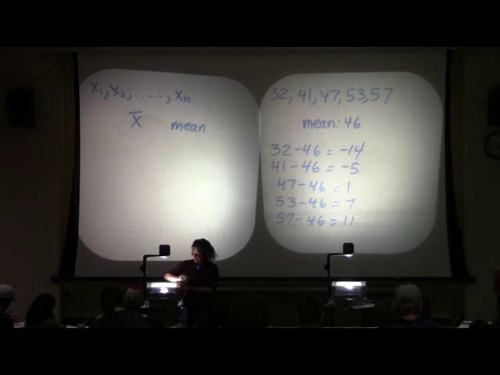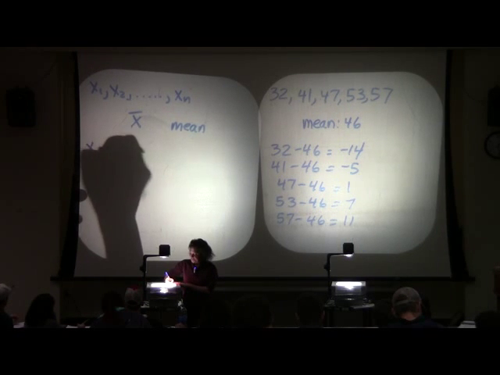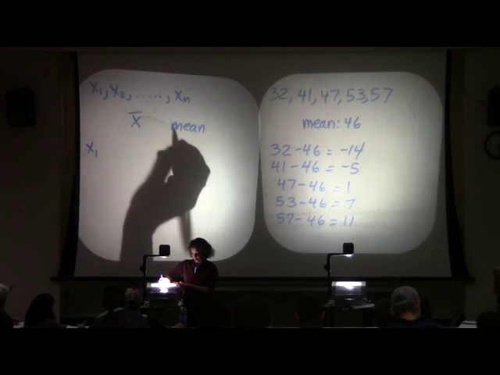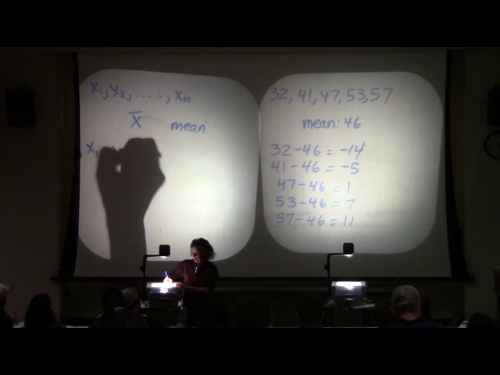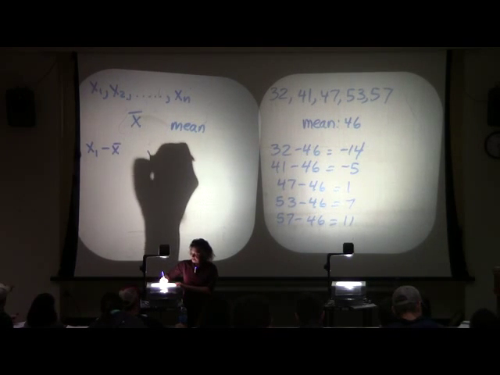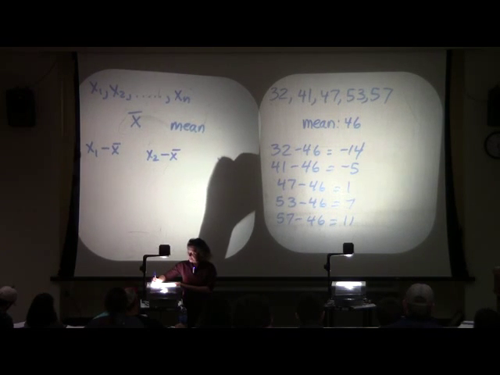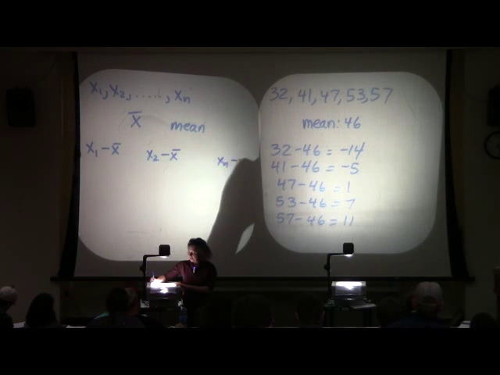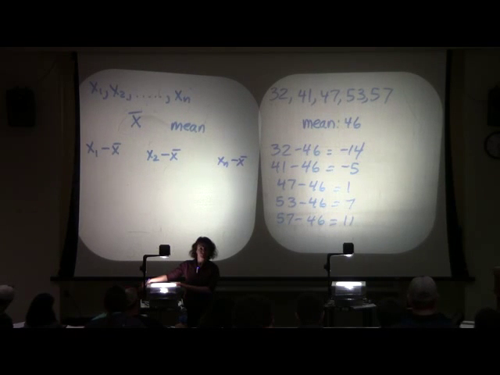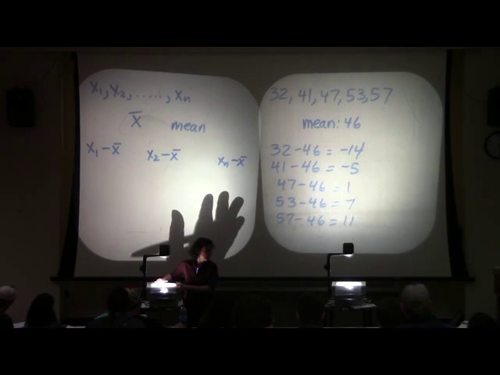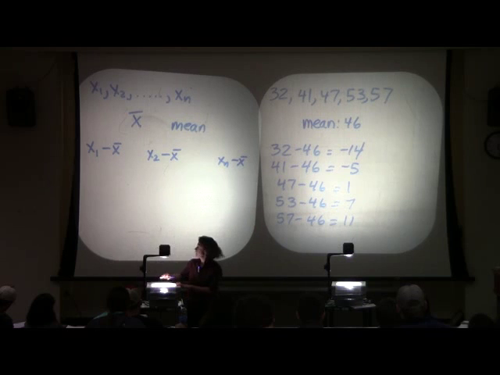What have we done so far? Well, we've taken our first data point, minus the mean. And then didn't we take our second data point minus the mean? And we did that all along to our last data point minus the mean. You see how we've done that so far?